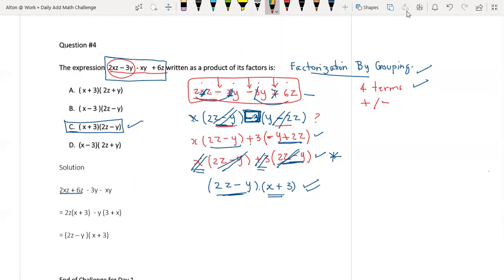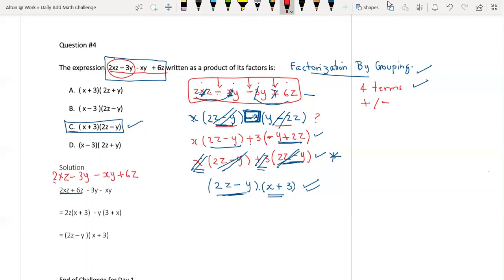The problem was 2xz. No, I don't think that's working, too colorful. Right, the problem was 2xz minus 3y minus xy plus 6z.